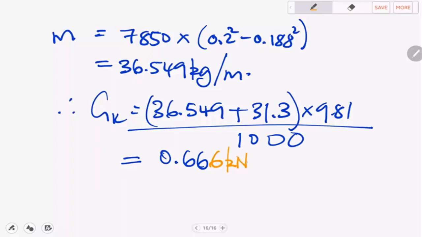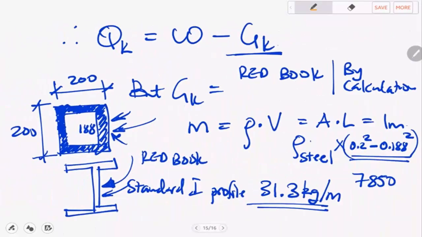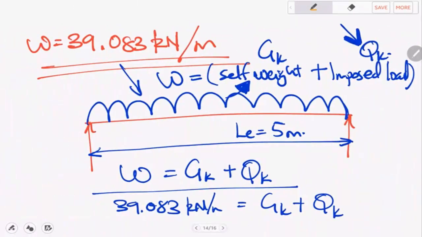Yes, sir. Kilonewtons per meter. So the self weight of that thing is 0.666 kilonewtons per meter. Right?